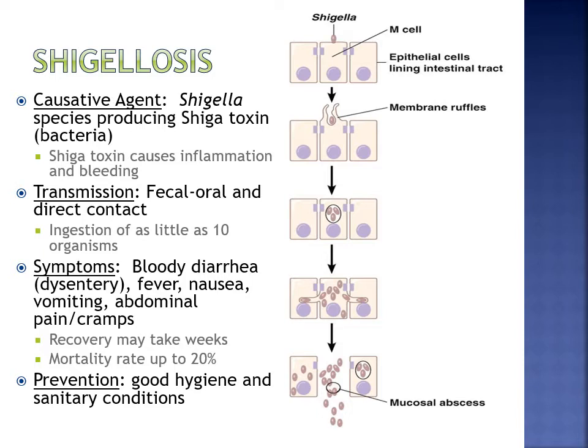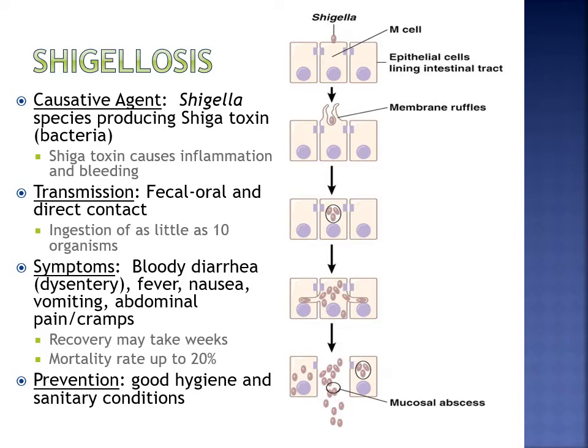It takes as little as 10 microbes to make someone sick, versus if you noticed earlier, salmonella takes several hundred thousand, sometimes up to 1 million microbes, versus only 10 microbes for Shigella.